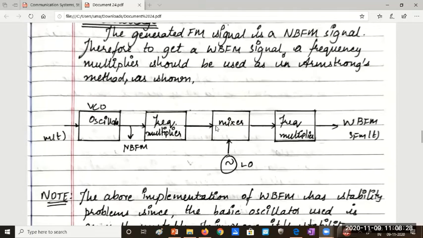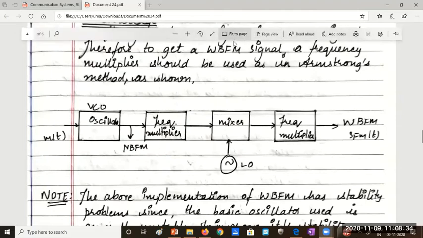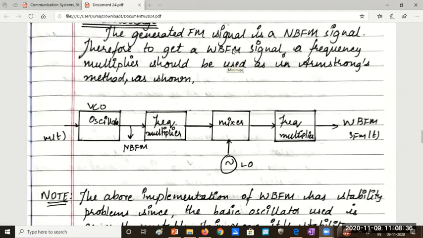the FM range which you use in your commercial broadcast is, yes, you're right, Bhanu Prasad, 88 megahertz to 108 megahertz. The standard FM frequency band is 88 to 108 megahertz.